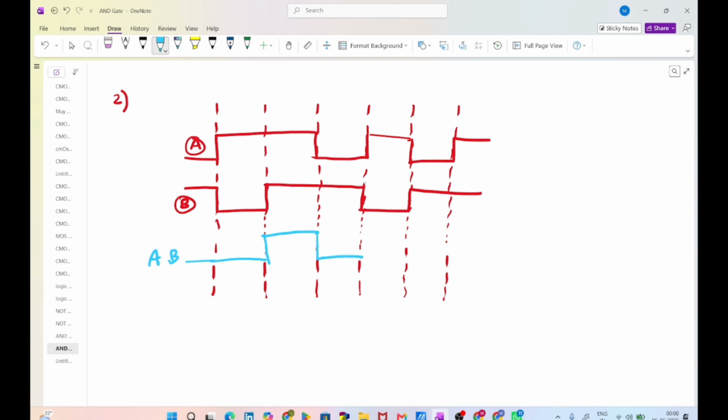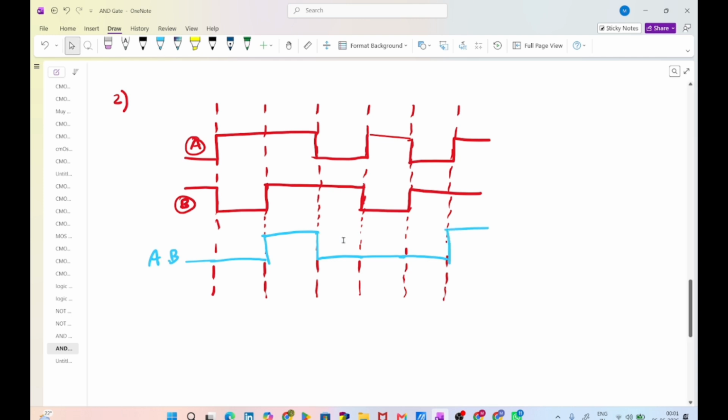Where A is 1 and B is 0, the output is 0. Where A is 0 and B is 1, the output is 0. And when both the inputs are 1, the output is 1.